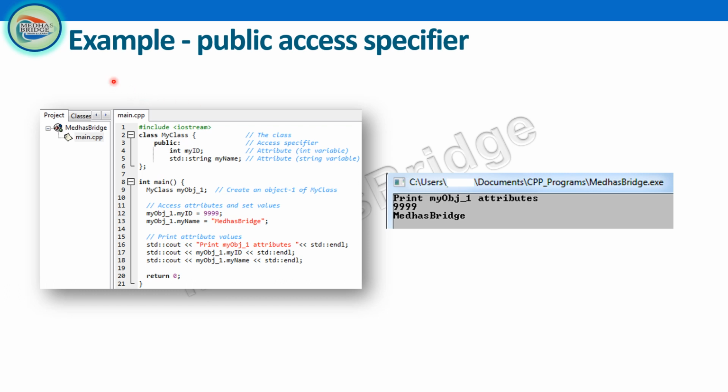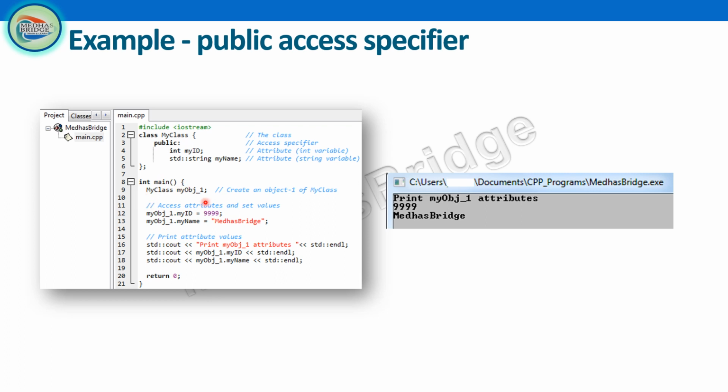Let me take you through an example to demonstrate how a public access specifier works. Look at this example. We have a class called myClass, which has two attributes, myID and myName, defined under public access. When you say public access specifier, this means you can access the variables from anywhere within the program. Now let's look at main.